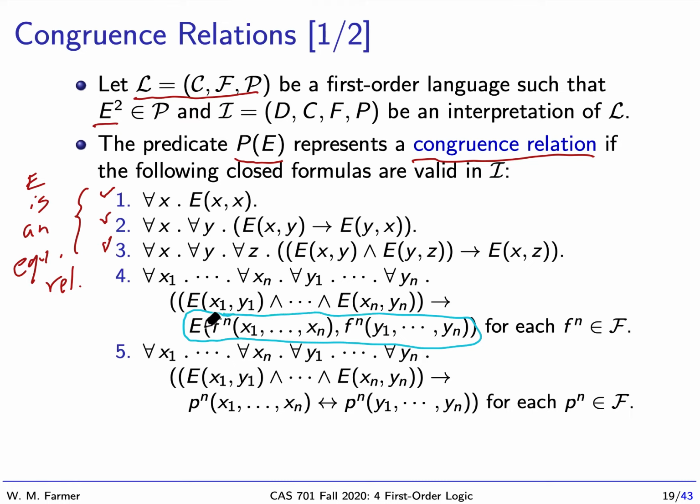This says, if we think of this as the E relation, let's call it the equivalence relation, that an application of f to a bunch of arguments is going to be related by E to another application of f to different arguments. That's going to be true whenever x1 is related to y1 by E, x2 is related to y2 by E, and so forth. Whenever these are true.